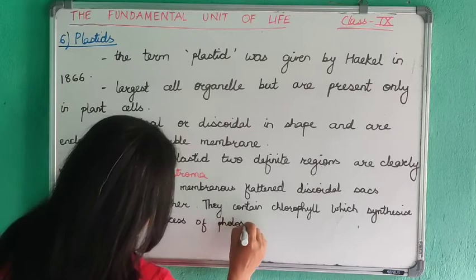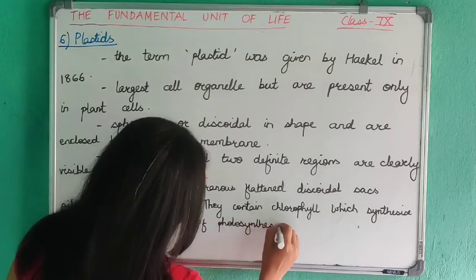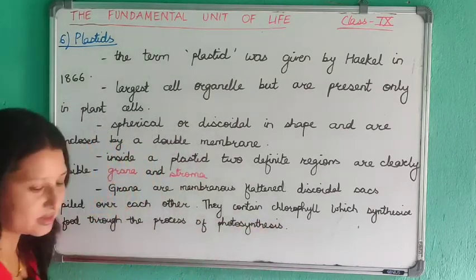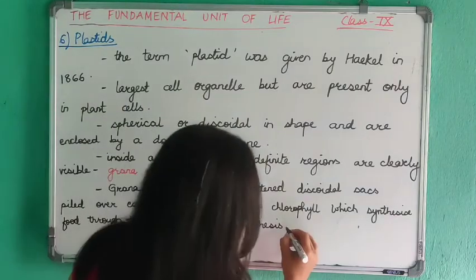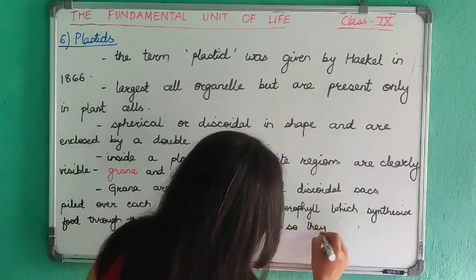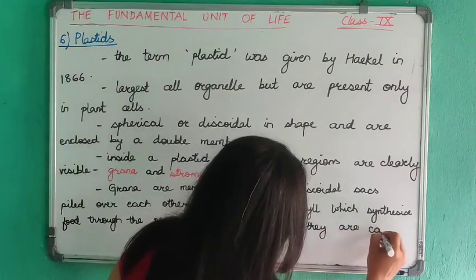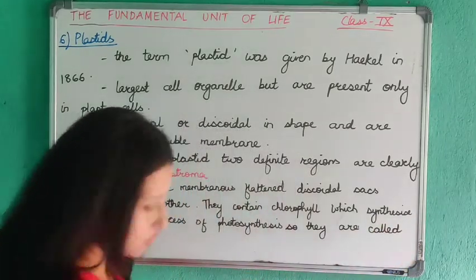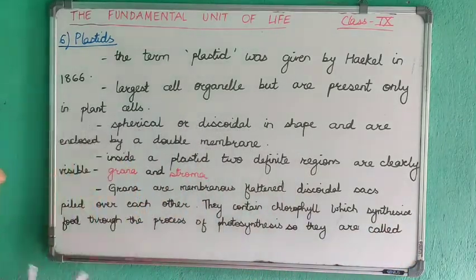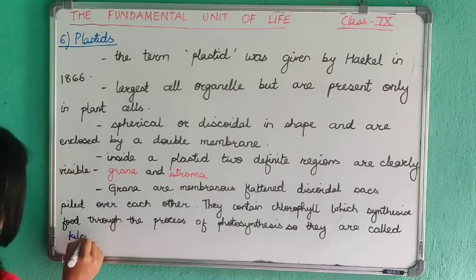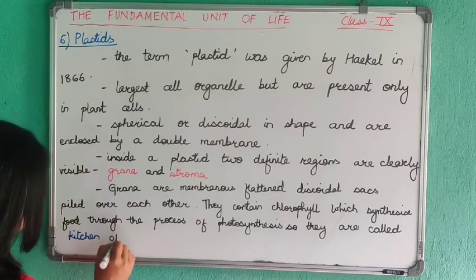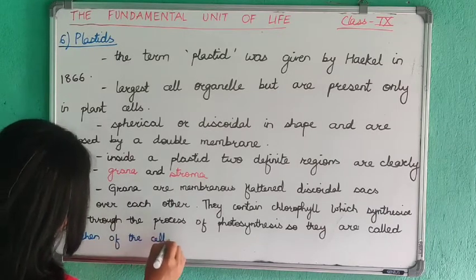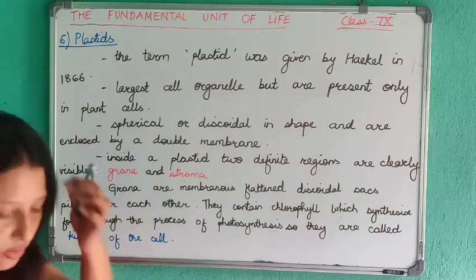So since grana contain chlorophyll and they photosynthesize, so they are called the kitchen of the cell. They are called kitchen ma khana baniन्छ. So यहाँ पनि grana ma khana बनेको कारणले they are known as the kitchen of the cell. Okay, so यो चाहिँ थियो grana.